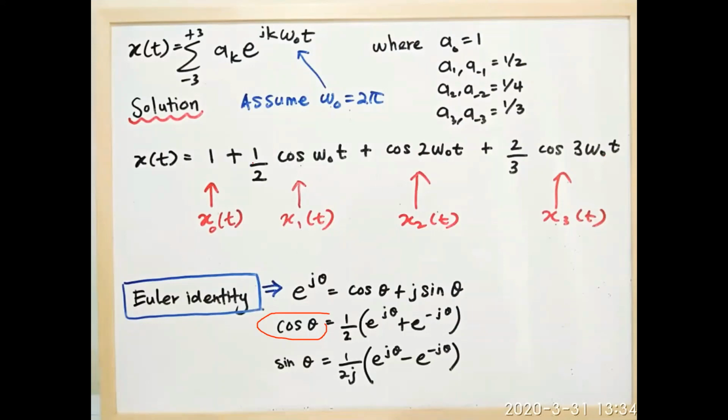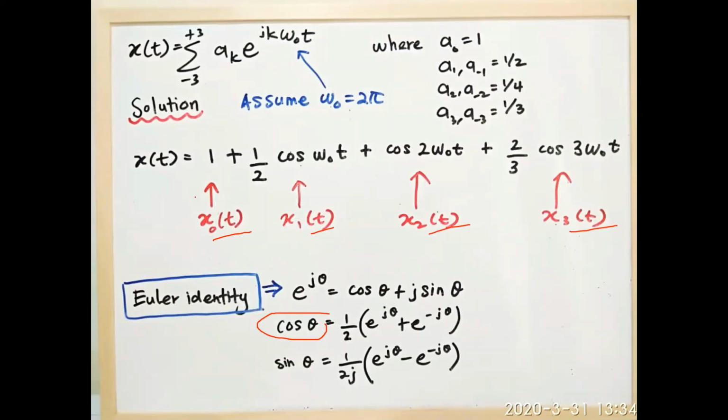Okay, so if you see here, based on the Fourier coefficients that you have from A0 until A3 and A minus 3, you found out that you actually have this signal xt comprised of 4 signals, which are signal x0, x1, x2, and x3.